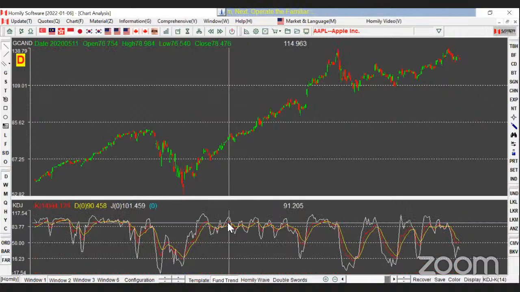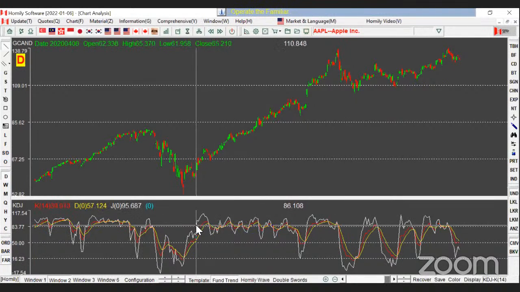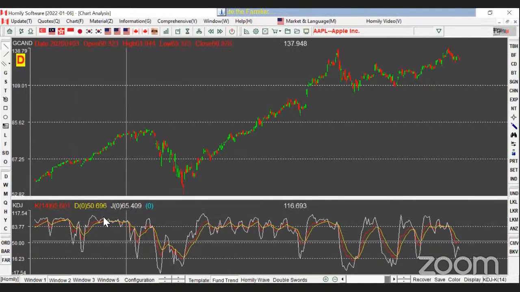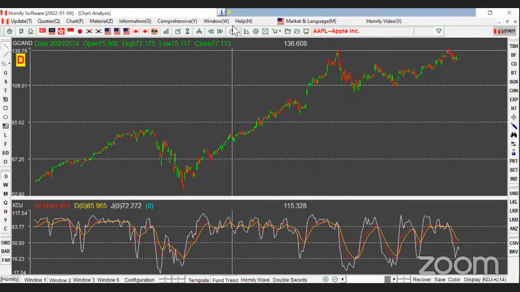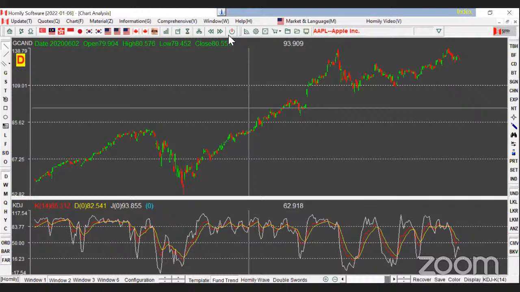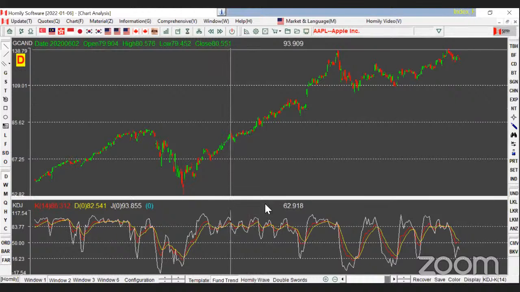If you check currently the KDJ in my software, you can see the software, right? I have switched to the software.